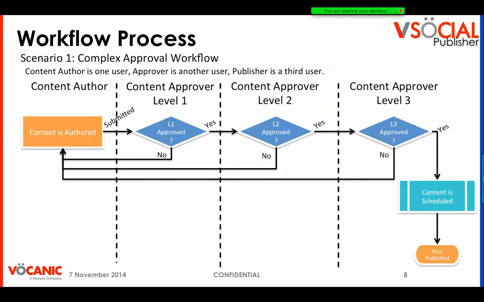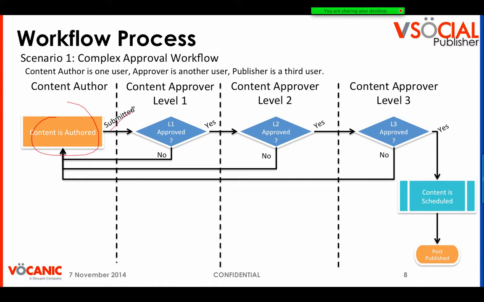Okay, so here, I'm going to share with you 2 very quick flowcharts to show you just how that approval process works. So this first one, we have approvers configured for each of the 3 levels. Content is authored by the community manager, the content author.